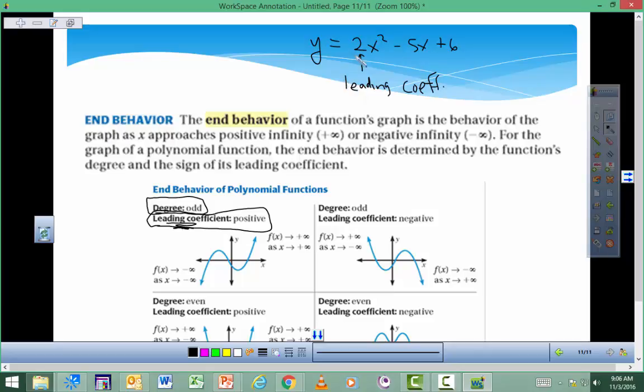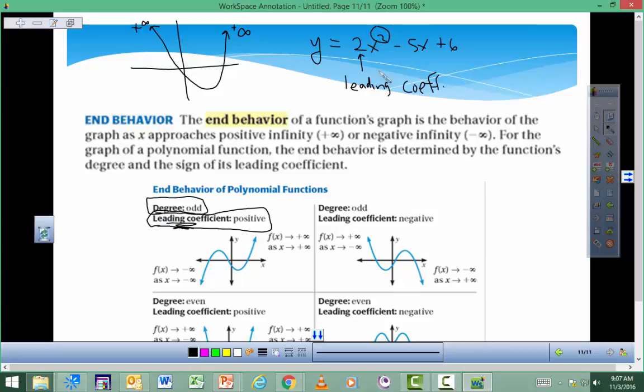Okay, we knew from parabolas that this meant that the parabola opens up. Well, if the parabola opens up, then what's the end behavior on both of these? They're going to positive infinity, right? You see? If the parabola opens up, your end behavior on both sides is positive infinity. And that's what they're saying here. Now, by the way, what's the degree on this?